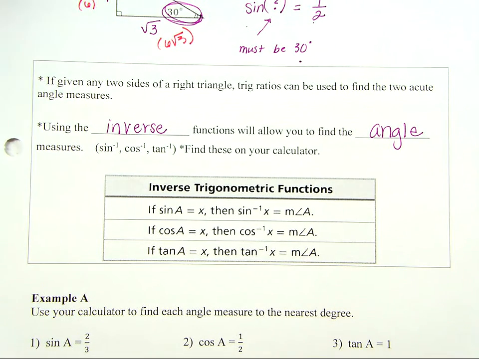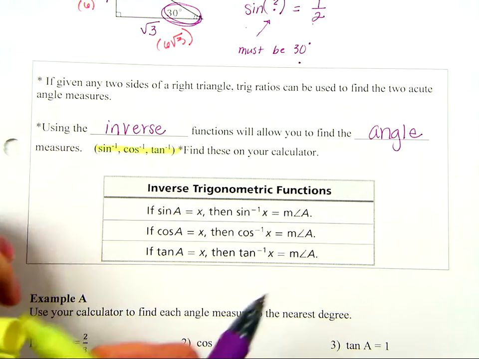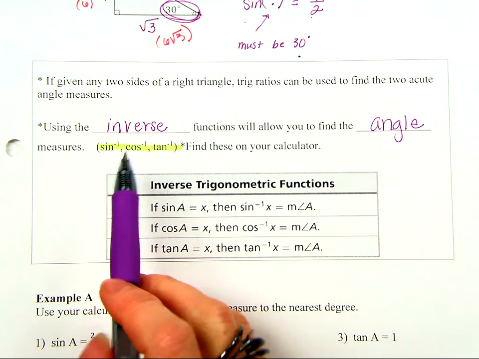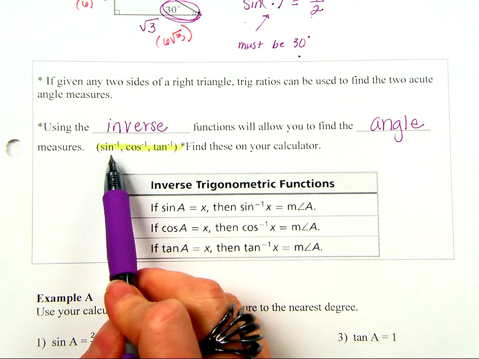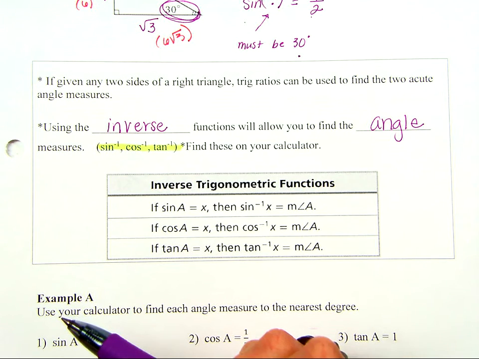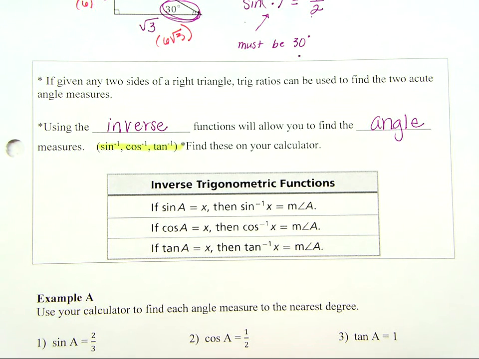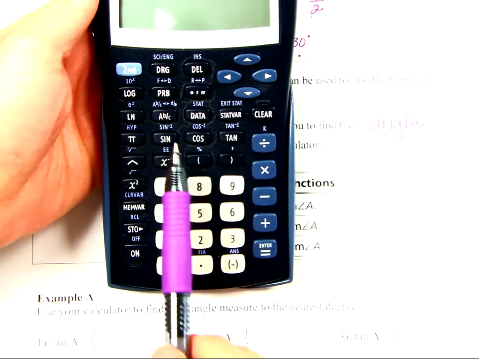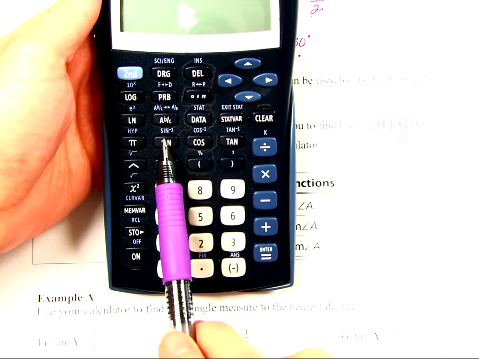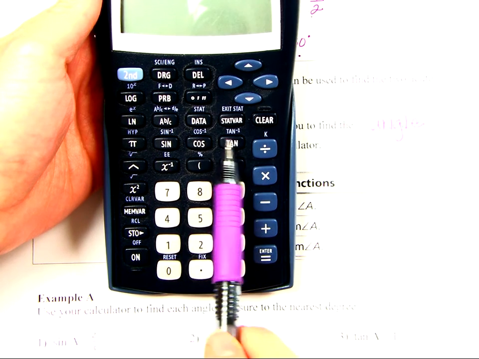The inverse functions look like this. They look similar, sine, cosine, tangent, but they have the little -1 by them. That doesn't really mean to the -1 power. It simply means that's the inverse of the function. And you have those buttons on your calculator as well. If you look right above sine, cosine, tangent, you have sine to the -1, cosine to the -1, and tangent to the -1. Those are the inverse functions.